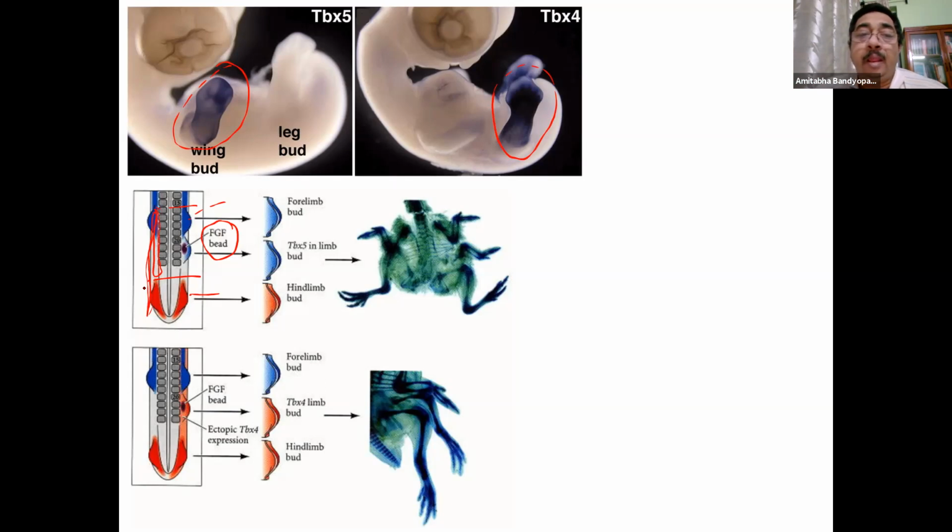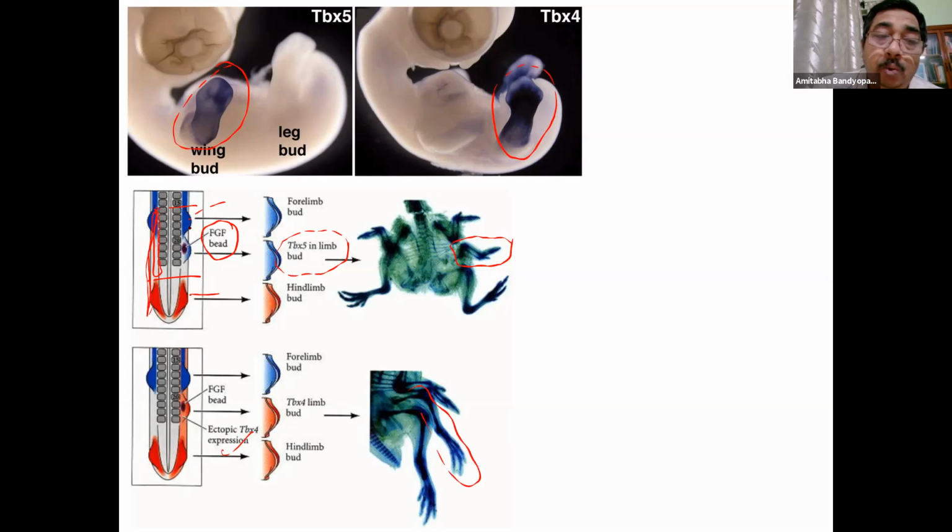But if you induce an extra bud with FGF and make sure that this extra bud expresses TBX5, then that extra bud will develop like a wing. But if you artificially express TBX4 in the supernumerary bud, then it is no longer a wing bud, rather it's a leg.